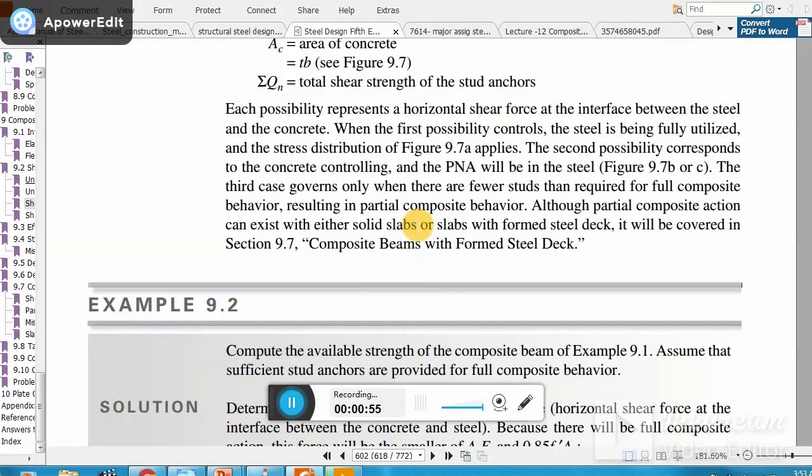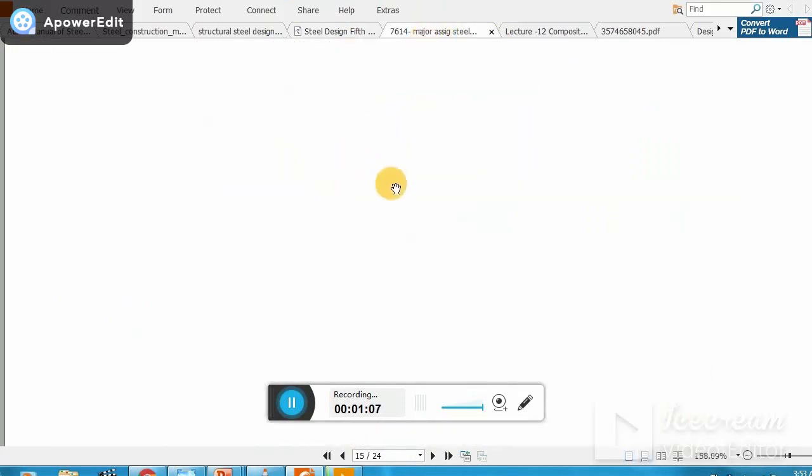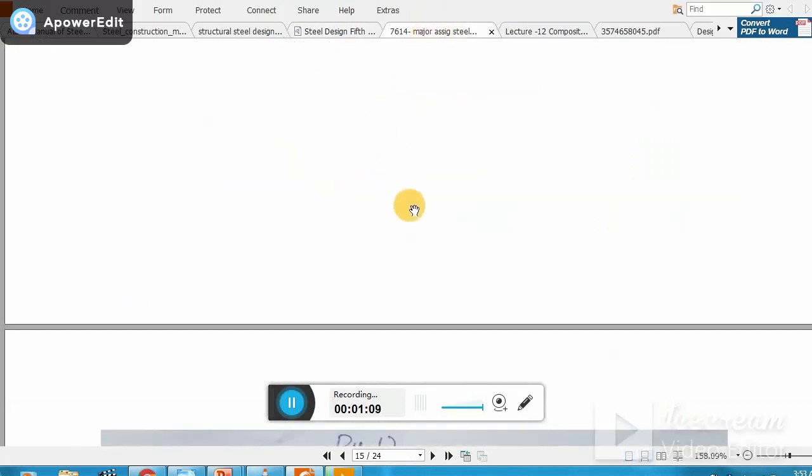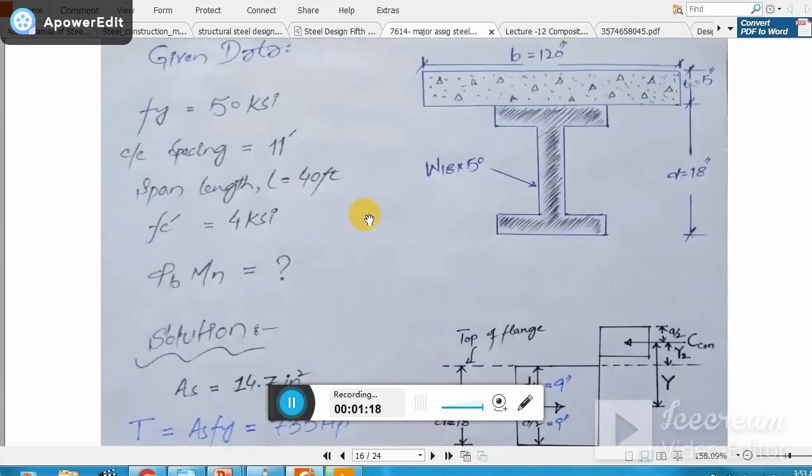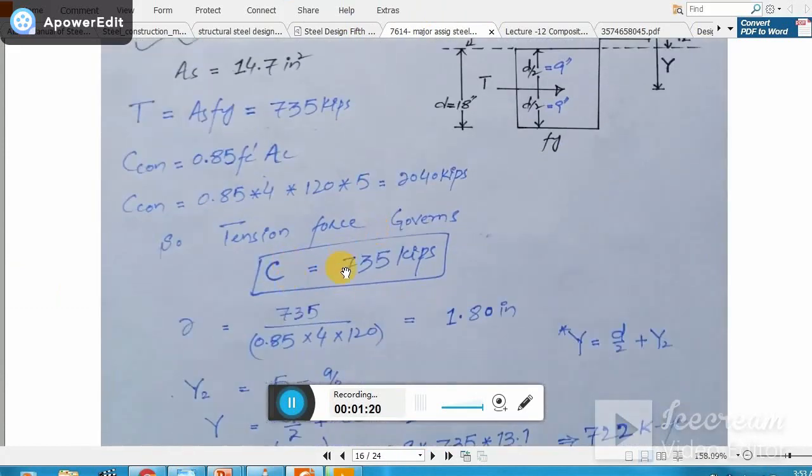So due to that reason, I want to practice some other numericals on analysis of composite section. Basically, before starting the analysis of this section, as we did in lecture number 5, I think, or 6, we did this example. And in this example, basically here I have to clear you a point.